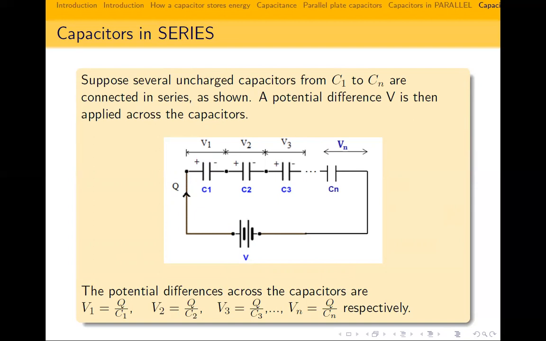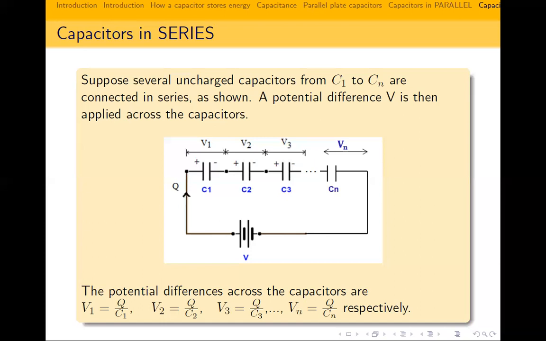So the charge that is stored in C1, C2, C3 up to Cn is essentially the same because they are in series. Like I said, charge behaves like current. In other words, the definition of current is the rate of flow of charges. So charge and current behave the same way. So in this case, the charge is the same.